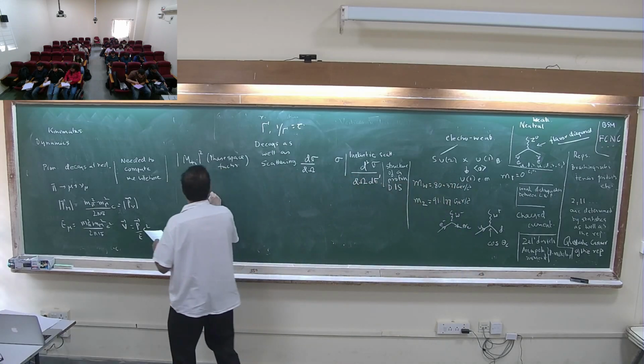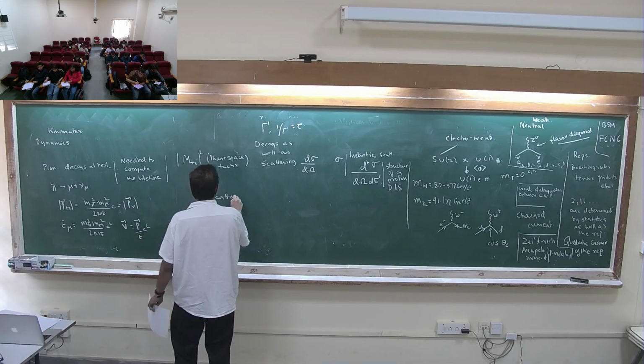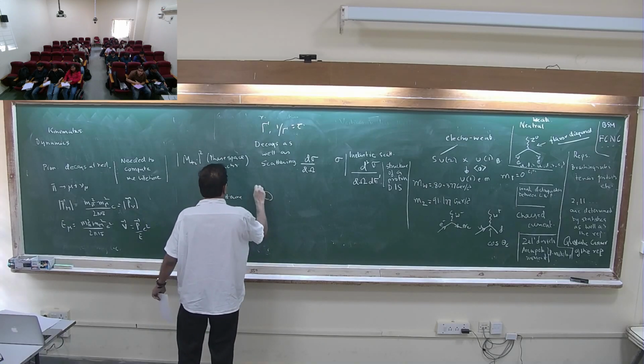So scattering, of course, has very simple kinematics: P1, P2 going to P3, P4.